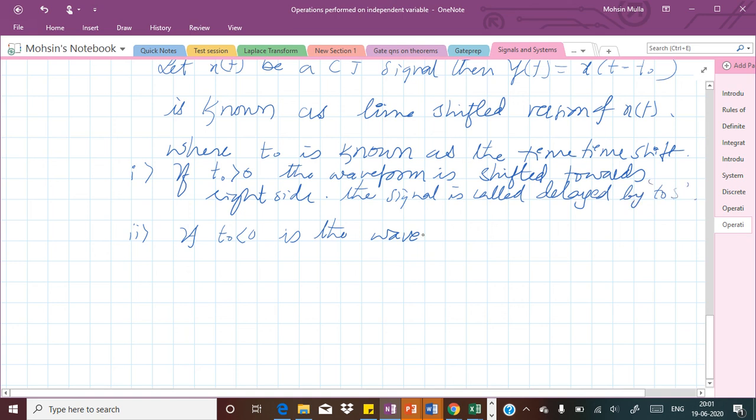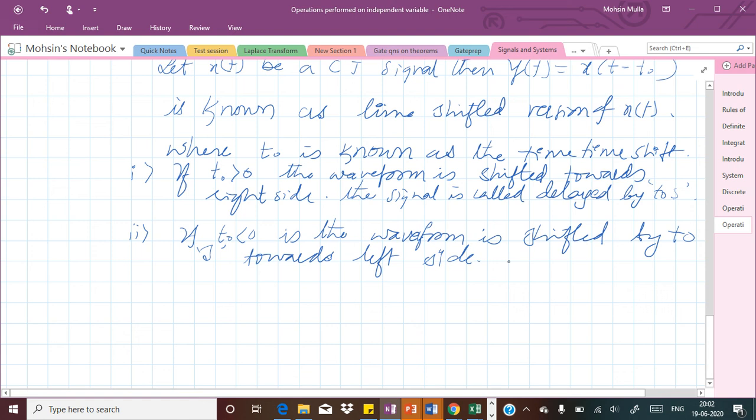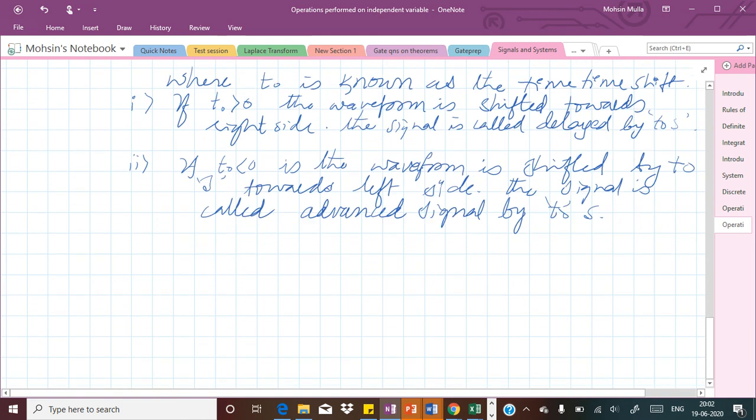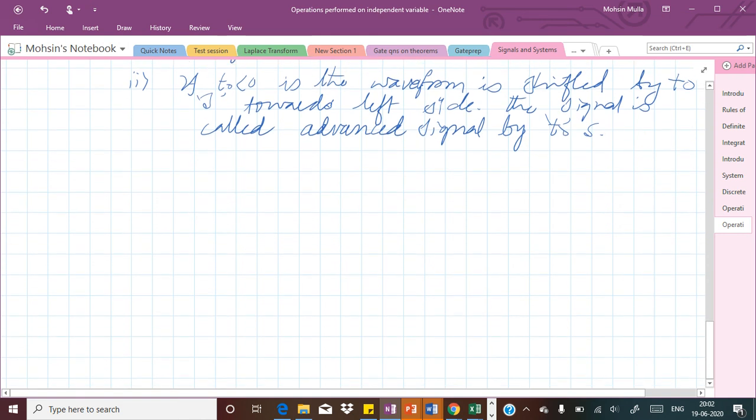And if t naught is less than 0, a negative value, the waveform is shifted by t naught seconds towards the left side, and the signal is called an advanced signal by t naught seconds.